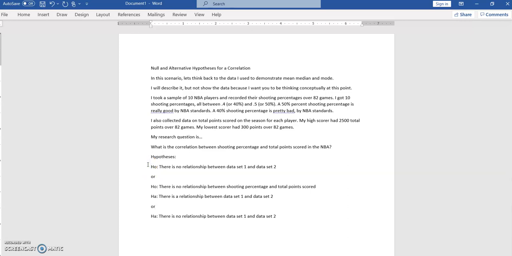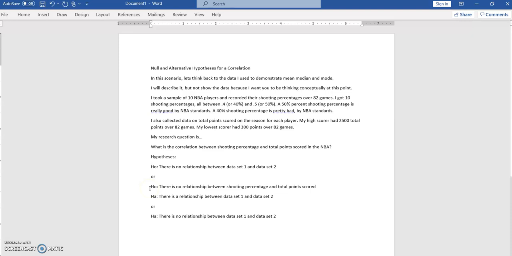I wouldn't suggest that you do it either. I don't even know if there is nomenclature for the null hypothesis on a correlation. I've never encountered it. And I've always written it as simply there is no relationship between data set 1 and data set 2. Or there is no relationship between shooting percentage and total points scored.